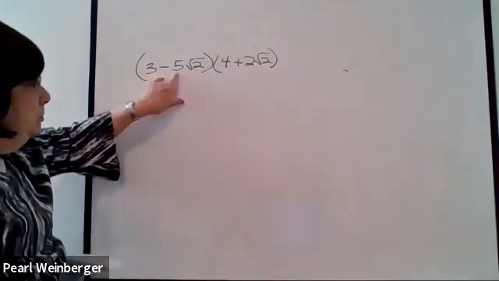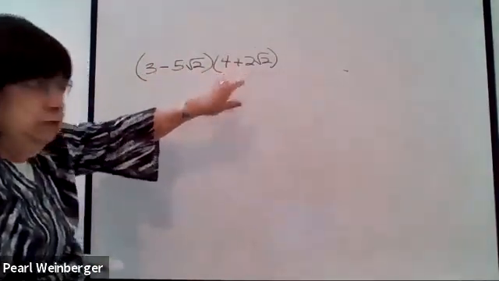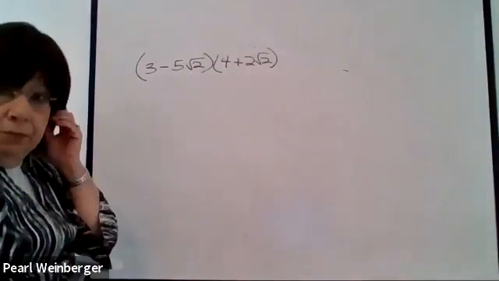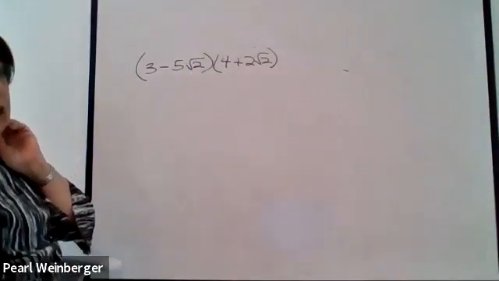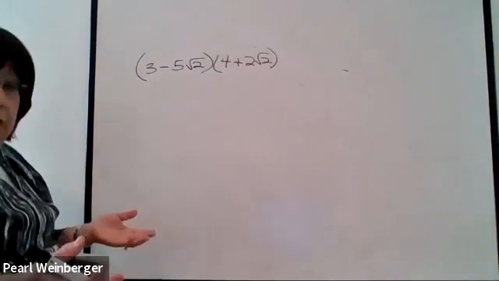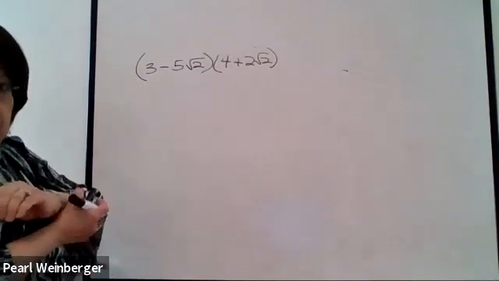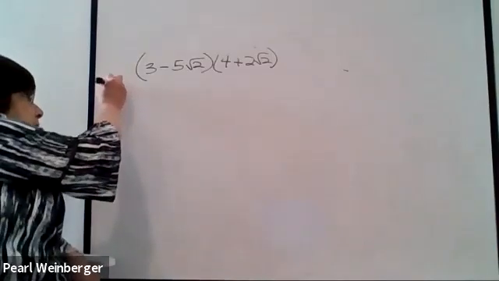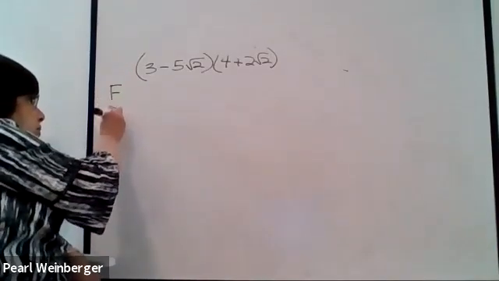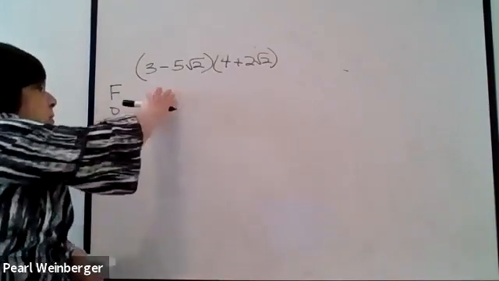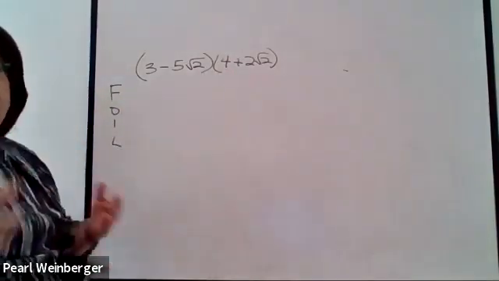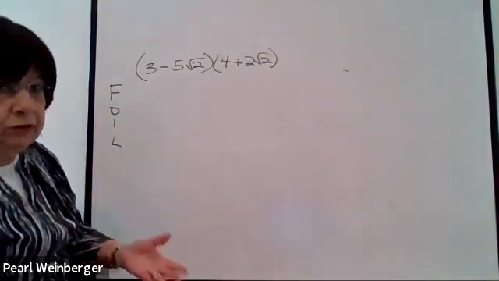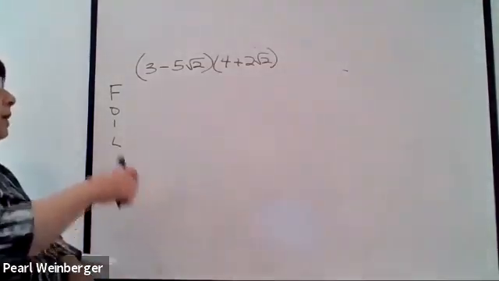So there are 2 terms here and there are 2 terms here, and I want to multiply them. And I know how to multiply binomials. The method that we use is something called FOIL. It's going to work with these binomials with radicals just like it works with binomials with letters, with variables.